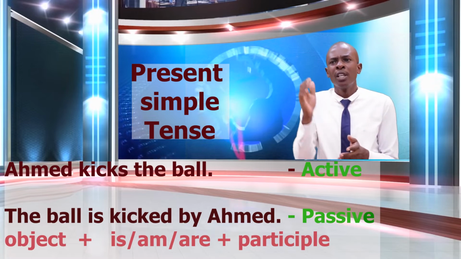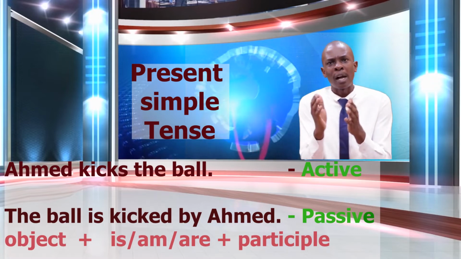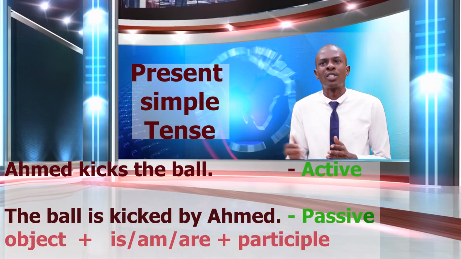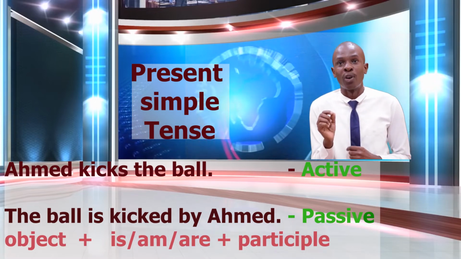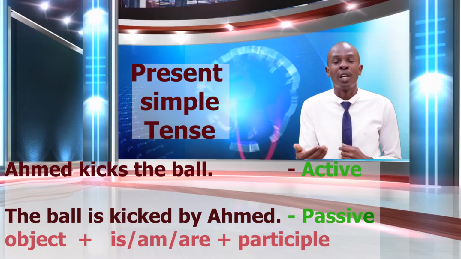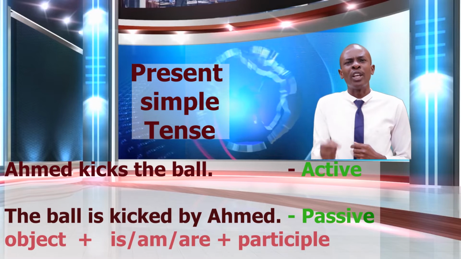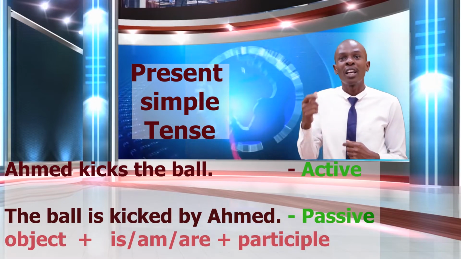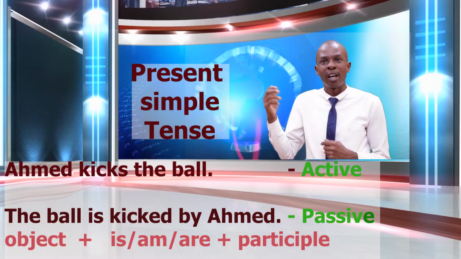So Ahmed kicks the ball. Ahmed is our subject, kicks is our verb, the ball is our object. Into passive voice, we give more emphasis to the object. So our sentence will be, the ball is kicked by Ahmed.